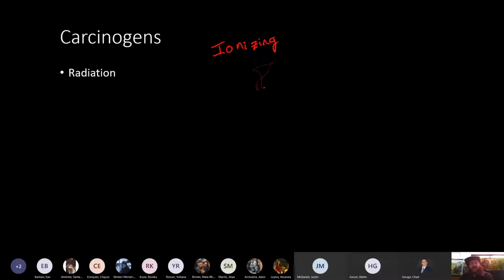So ionizing radiation are things that you think about when someone says radiation, like X-ray radiation, gamma wave radiation. These are all ionizing radiation. Not great. So there's a type of non-ionizing radiation. There's only one that I know of that increases your risk, and that is ultraviolet light.